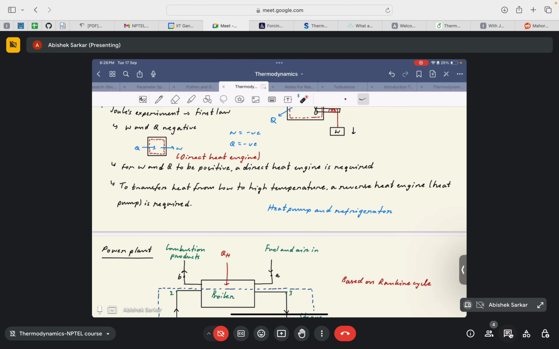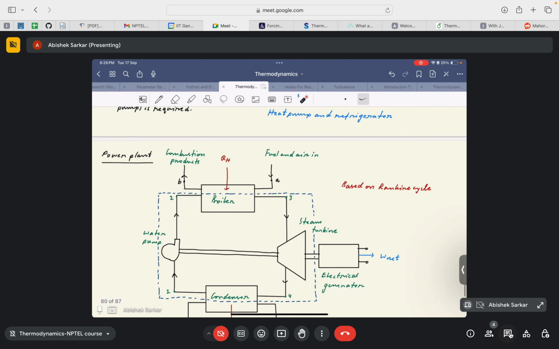Okay, so we discussed an example for a direct heat engine. This direct heat engine is the basis for the working of many power plants, basically thermal power plants or nuclear power plants, which are the source of electricity for our country.